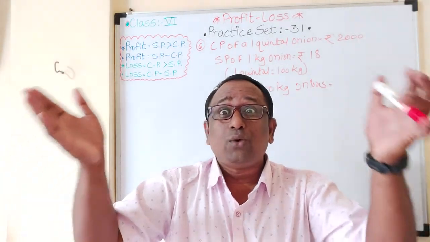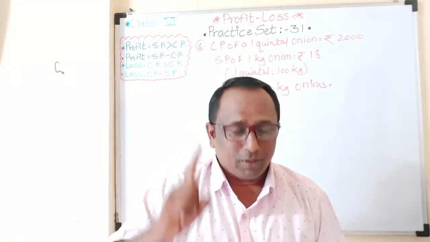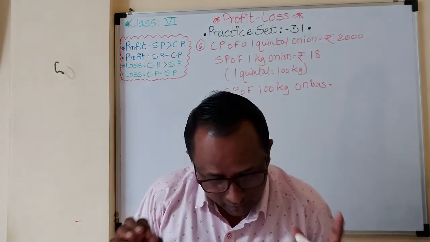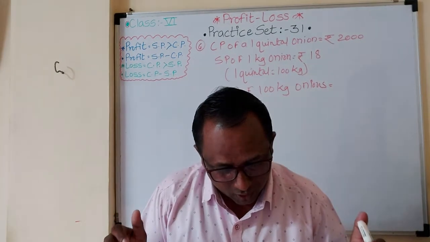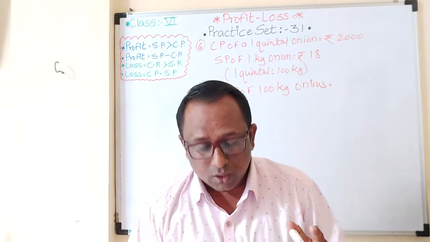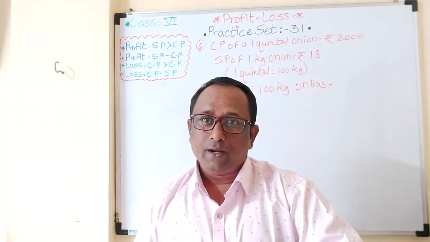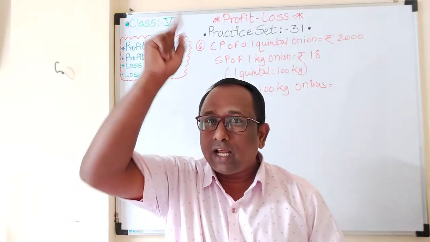When purchased, that is in quintal; selling, per kilogram 18 rupees. Did he make a profit or incur a loss? How much was it? Okay, so here we have to find whether he suffered a loss or made a profit. A little bit of change between quintal and kilogram.